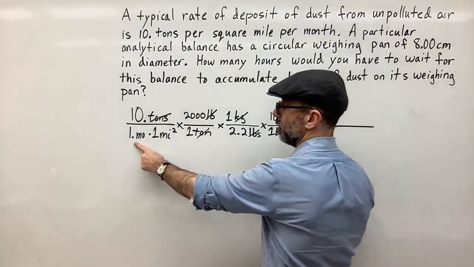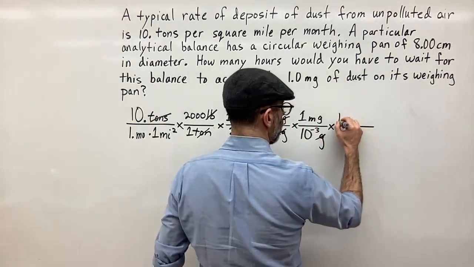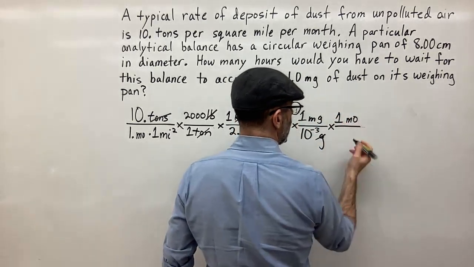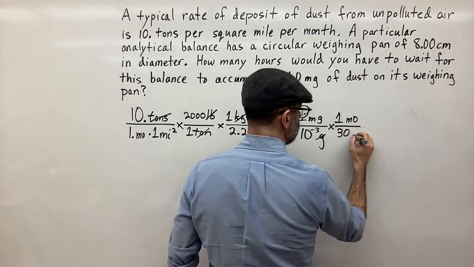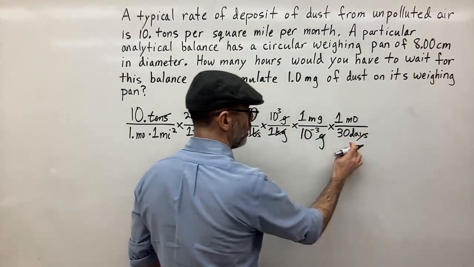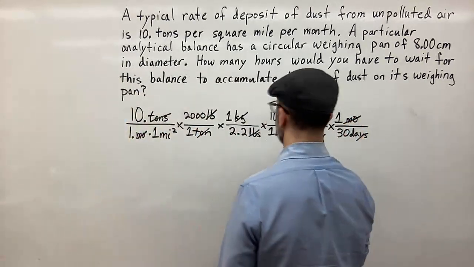Since I have month on the bottom here, I want month on top. So I'm going to put 1 MO for month, and then 30 days on the bottom. So month cancels out here and here.